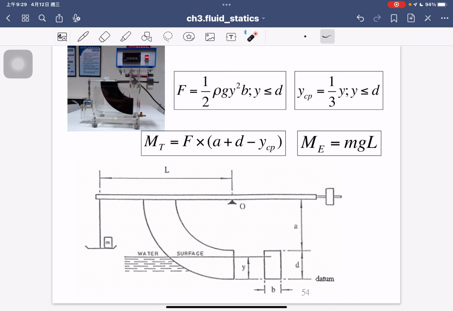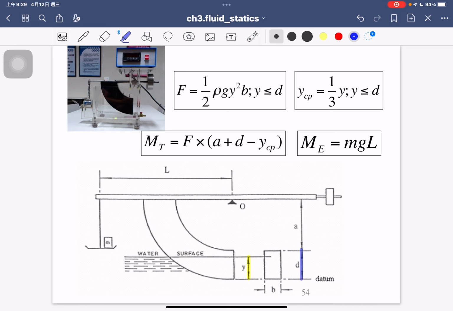So this corresponds to the hydrostatic ideas. As you can see, we have the y length. The y length here is the water depth. So we can put water into the device and we can change the water depth here. The water depth is y. And we know that a certain distance is d.